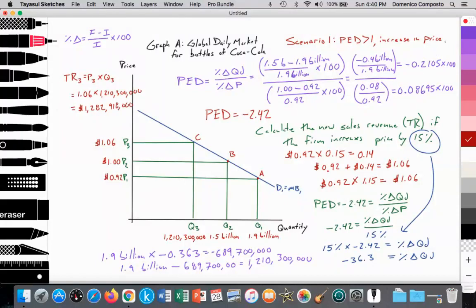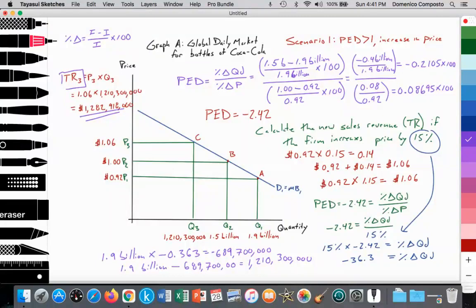So this is the value of total revenue 3. Did total revenue rise or fall? It fell. As we wrote, we increased price from 92 cents to $1.06, and total revenue fell to 1.2 billion, where it was previously at 1.7 billion.